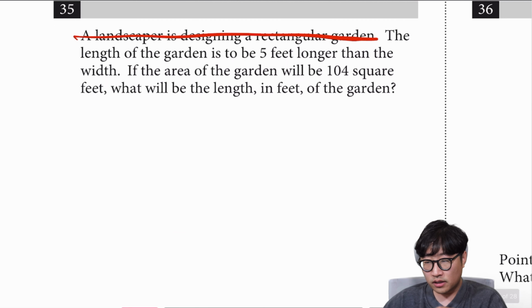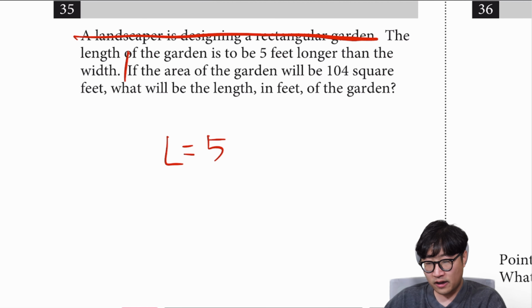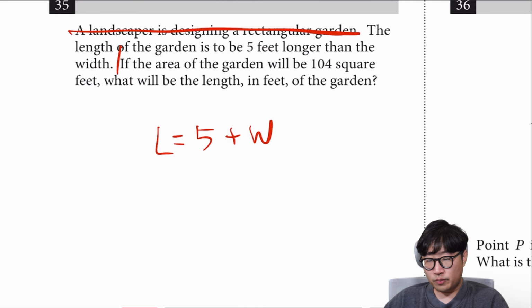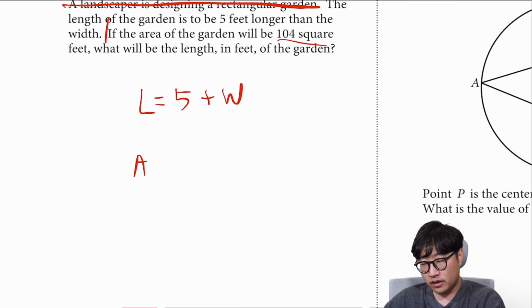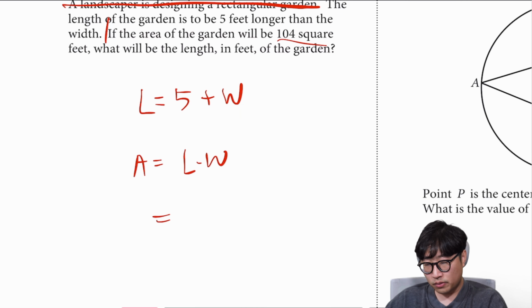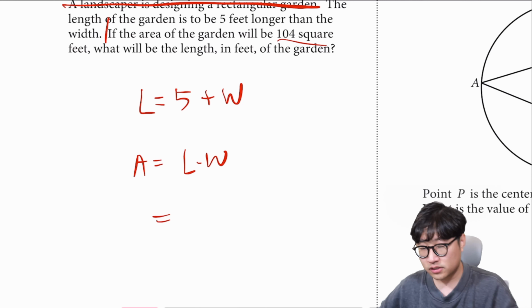Number 35, a landscaper is designing a rectangular garden. The length of the garden is to be 5 feet longer than the width. So L is equal to 5 plus the W. If the area of the garden will be 104 square feet, what will be the length? Okay, so area is length times width. In this particular case, I can go ahead and replace one for the other, but the question's asking for the length.